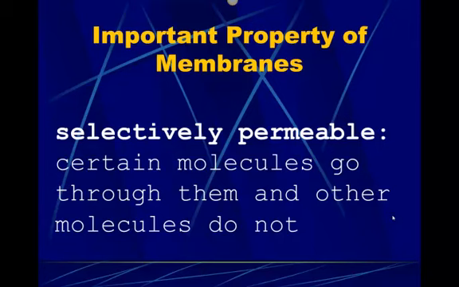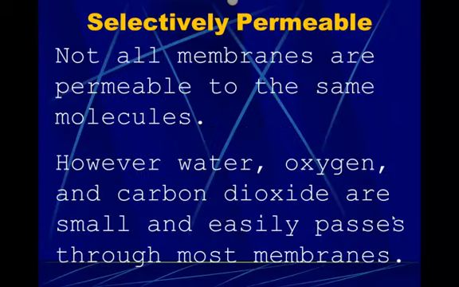Does that mean it's uniform for all cells of every organism? No. It's not like all the cell membranes are going to be selectively permeable to every single type of molecule in the same way. One that does, or actually a couple that do, are smaller molecules, like water, carbon dioxide, and oxygen.